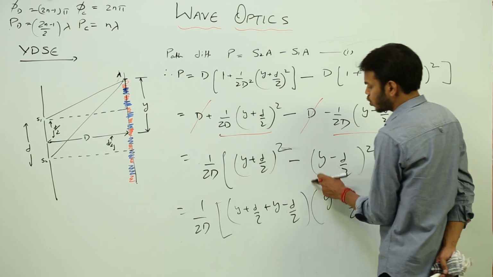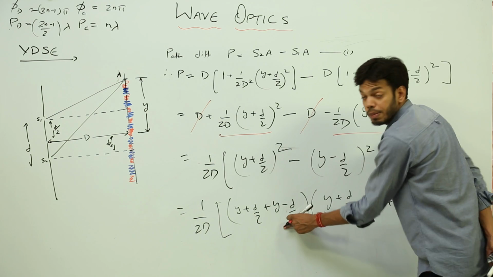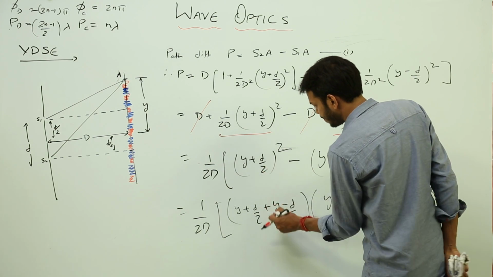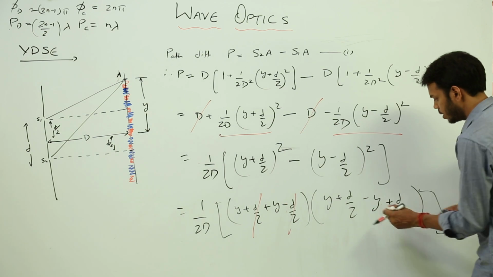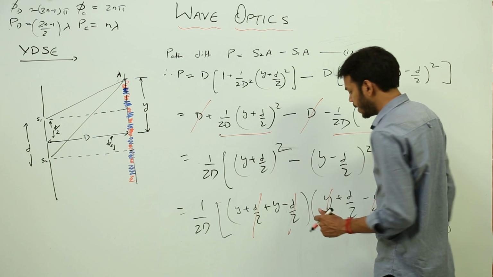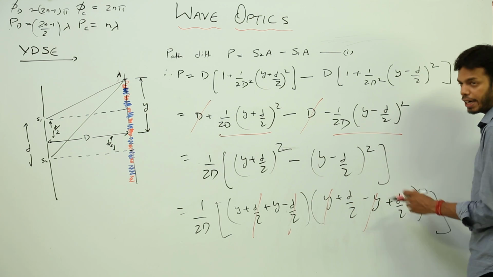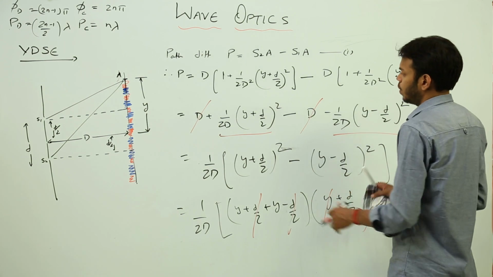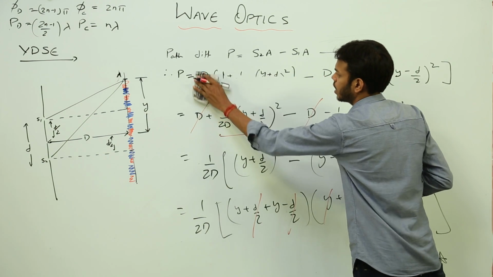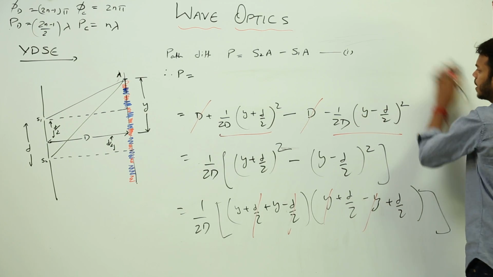What is the formula for a square minus b square? a plus b into a minus b. So what are the terms getting cancelled here? d by 2 and y. Here you are left with y plus y, which is 2y, and d by 2 and d by 2, which is d. So again rubbing all, the path difference is this.